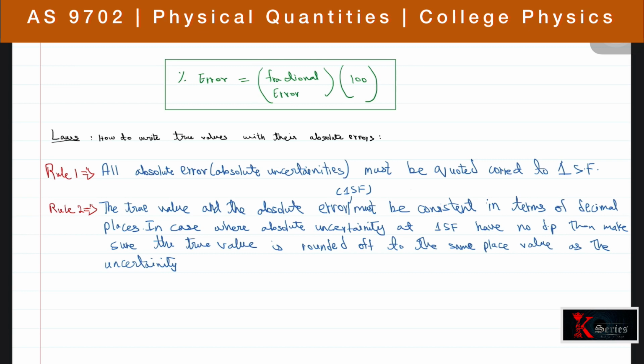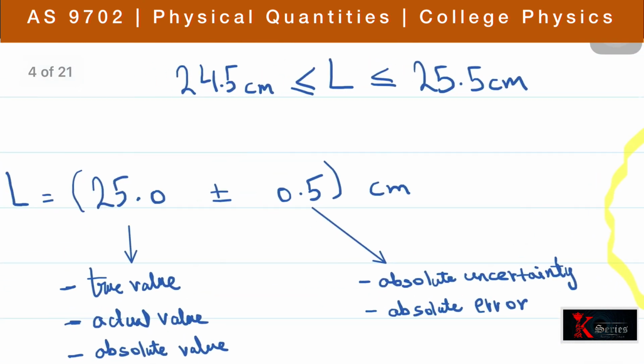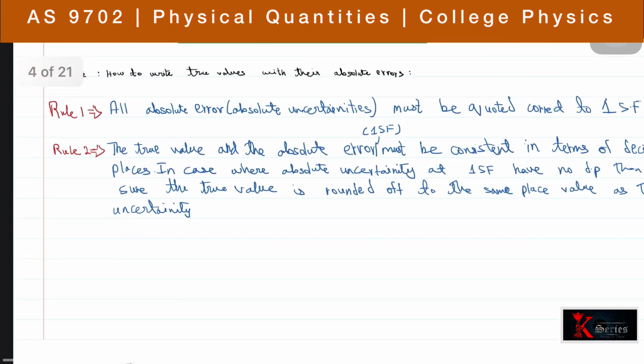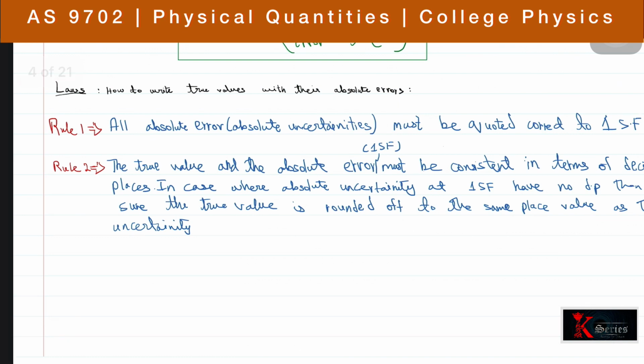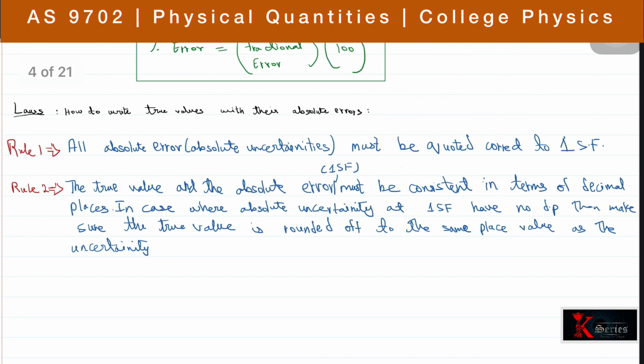As we can see, it is 25.0 and it is 0.5. So they're both written correct to one decimal place, right? And similarly, if there is no decimal place present in the absolute uncertainty, then we make sure that the true value is rounded off to the same place value as the uncertainty.